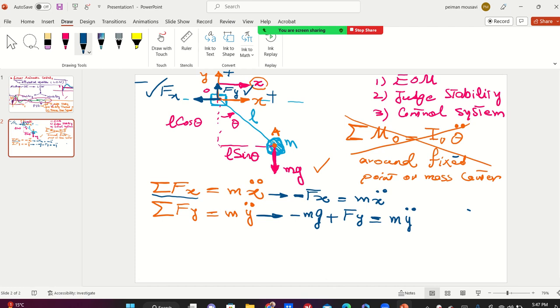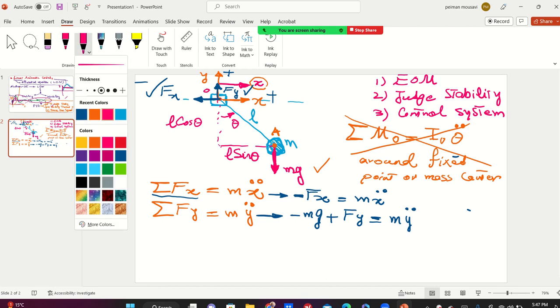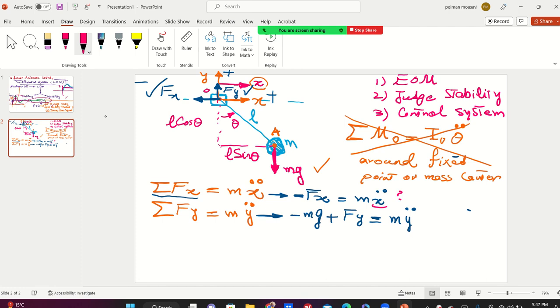The point is that we don't have the acceleration x double dot and y double dot of the mass, so we have to calculate that. How? From dynamics.